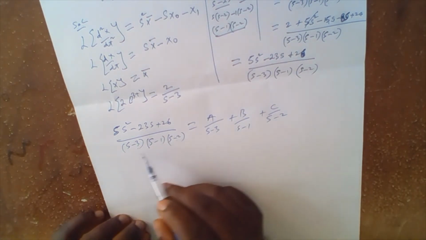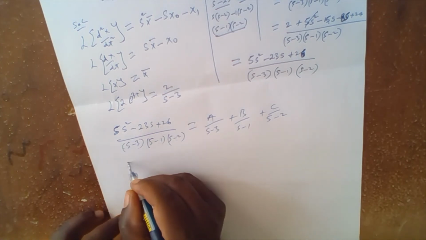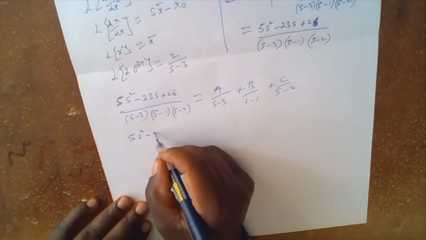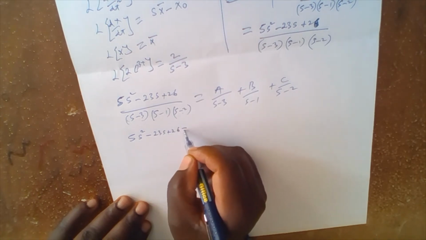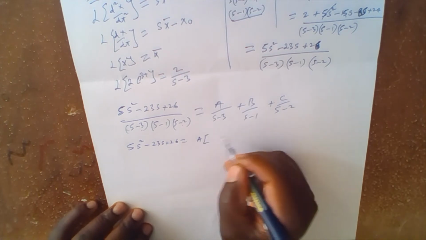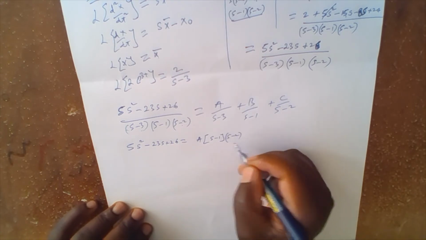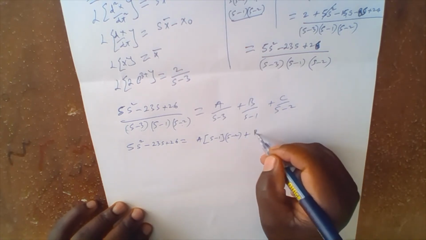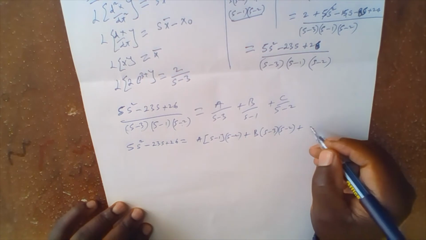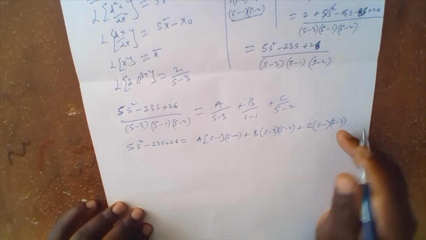So we multiply through by this common denominator. When we multiply on this side, this will cancel that, so we remain with 5s² − 23s + 26 equals A into (s − 1)(s − 2), plus B into (s − 3)(s − 2), plus C into (s − 1)(s − 3).